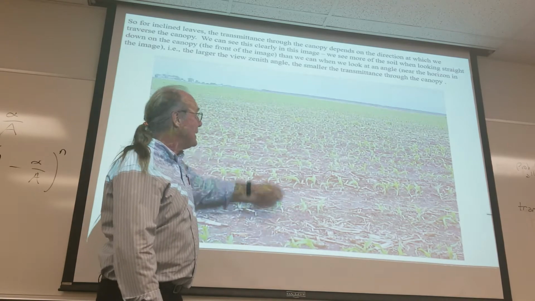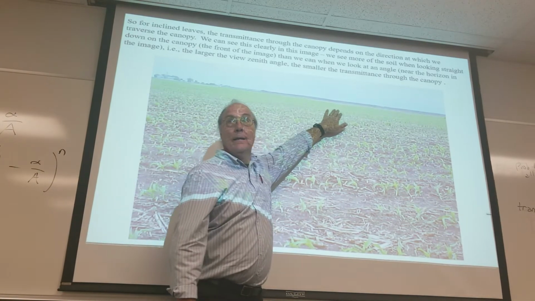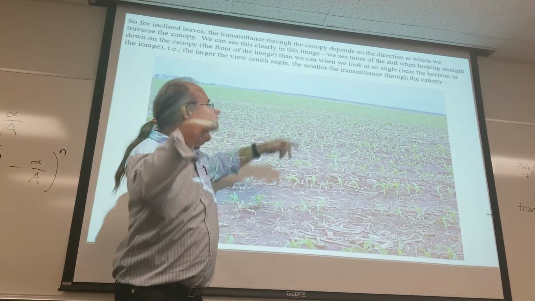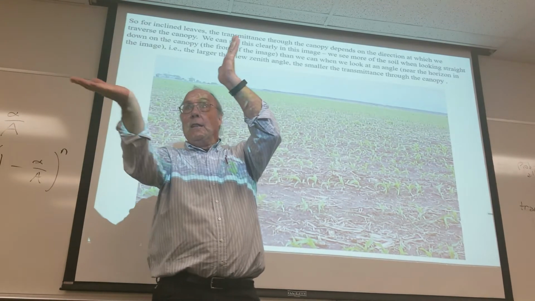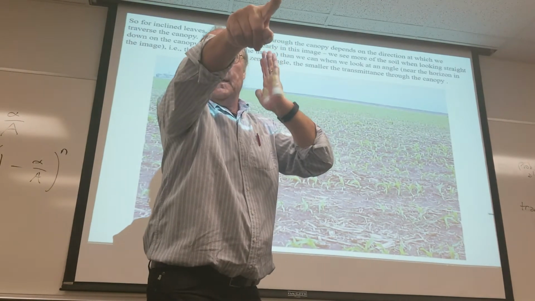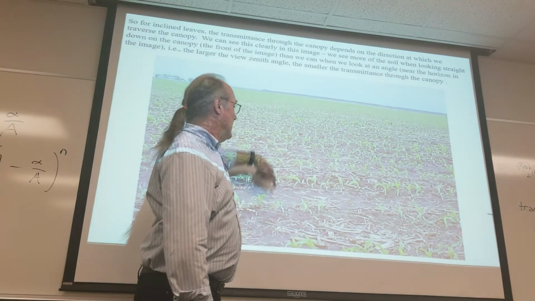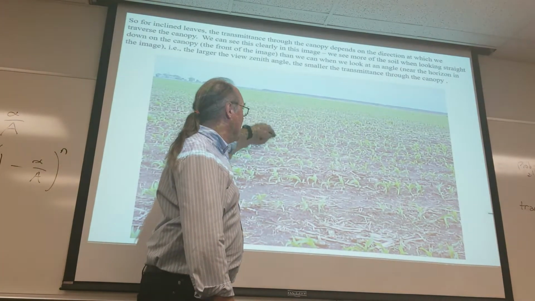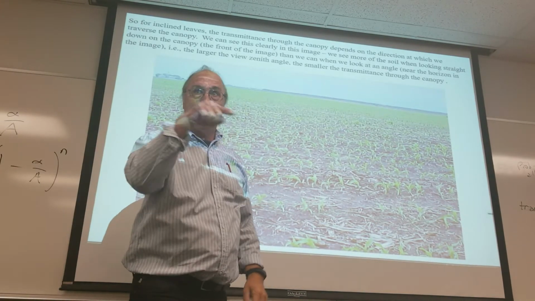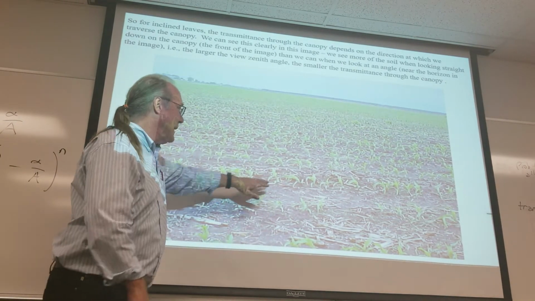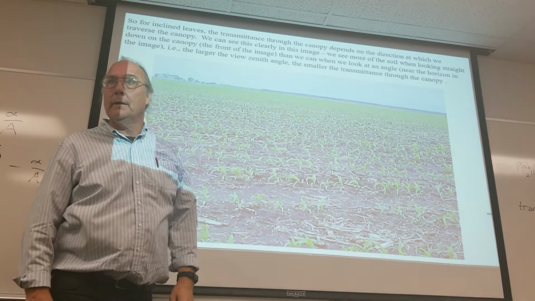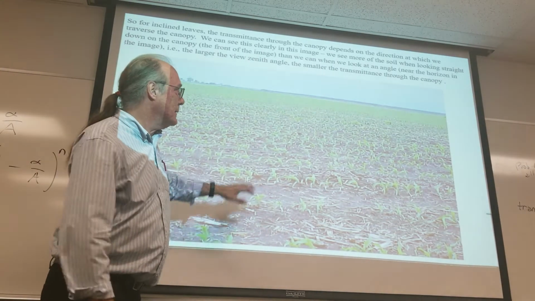Even with this really short canopy, you don't see any soil. So the transmittance through the canopy at a very large zenith angle is very small. So the direction you're looking at the canopy influences that transmittance. And here I mean transmittance as how much soil can you see compared to the total area you can see.